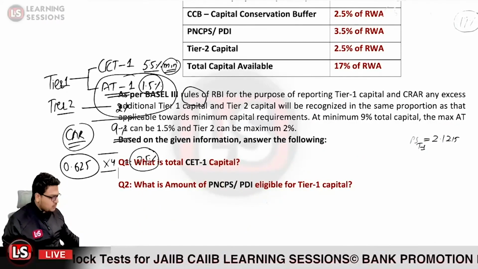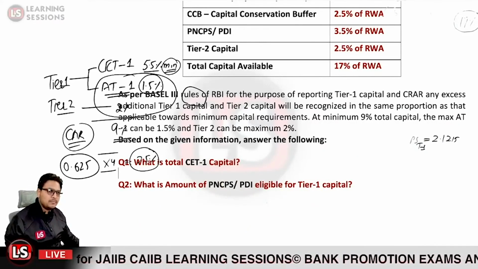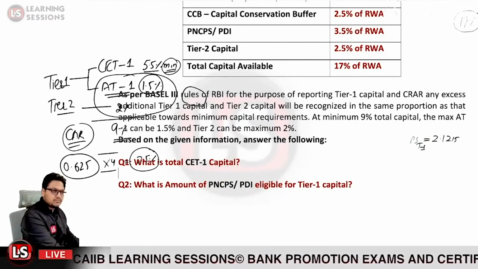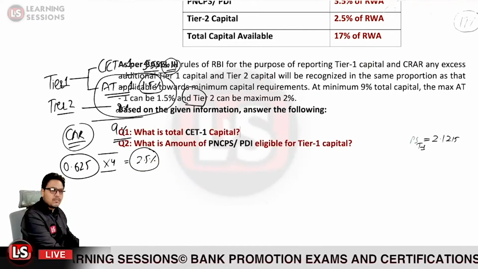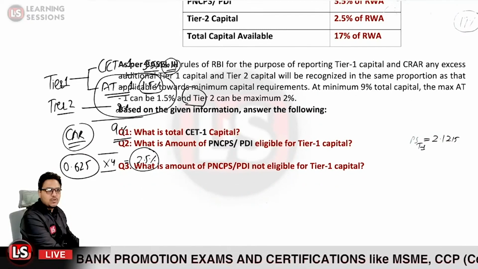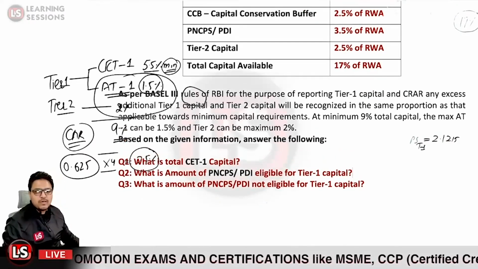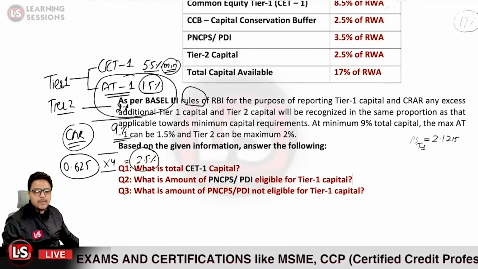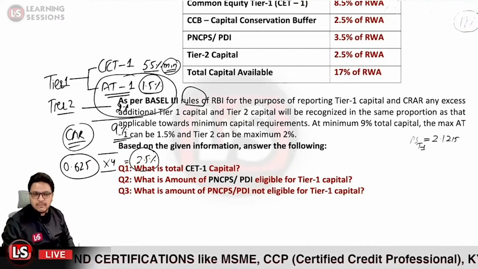Now let's move to the third question. It says, what is the amount of PNCPS or PDI not eligible for Tier 1 capital?